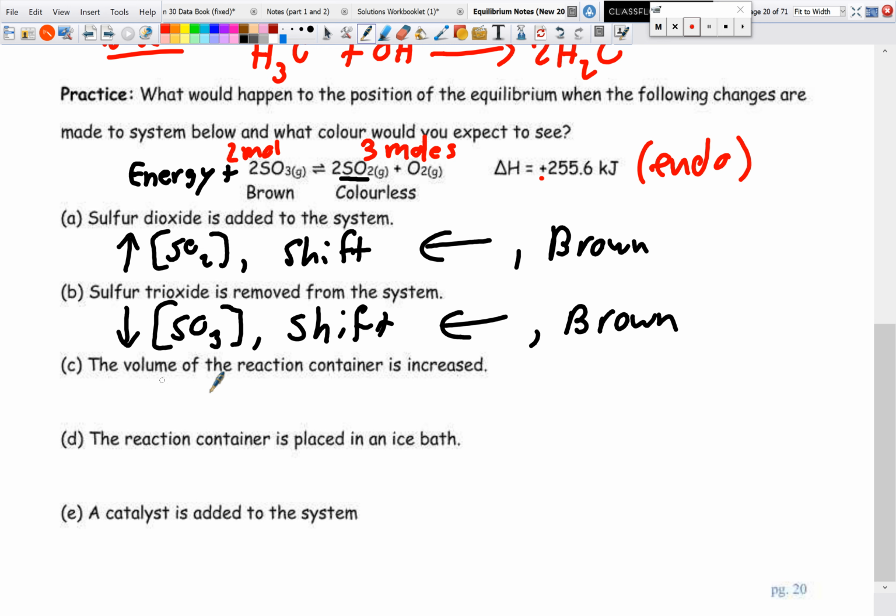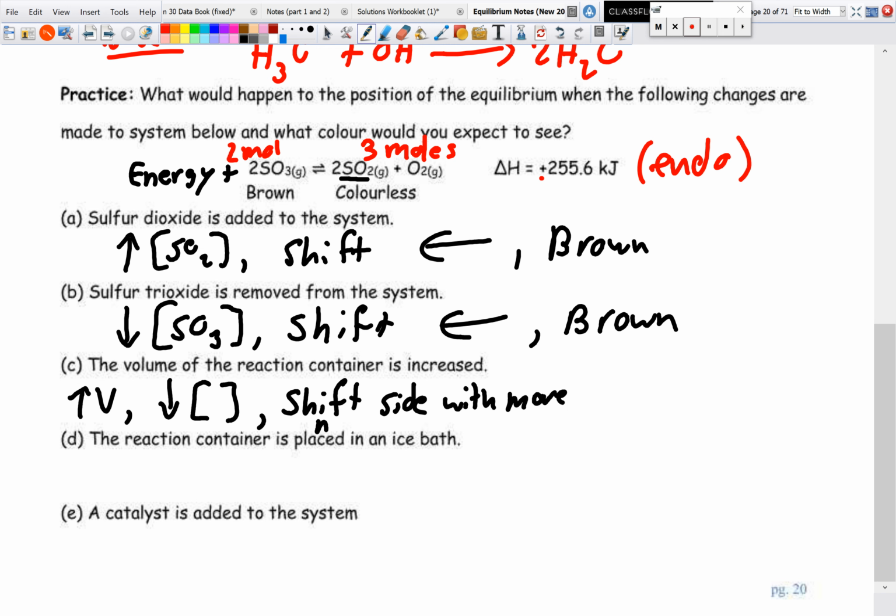So in this one here, the volume of the reaction container is increased. This is where you had to remember, if we get an increase of volume, this is the same thing as saying a decrease in concentration of everything. So it's going to shift to the side with more moles of gas.